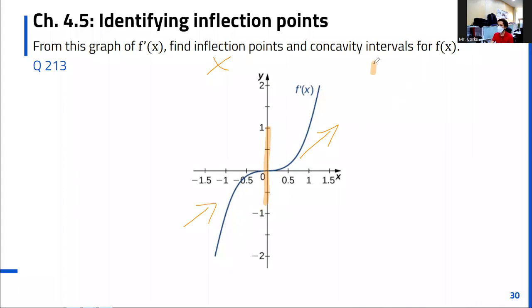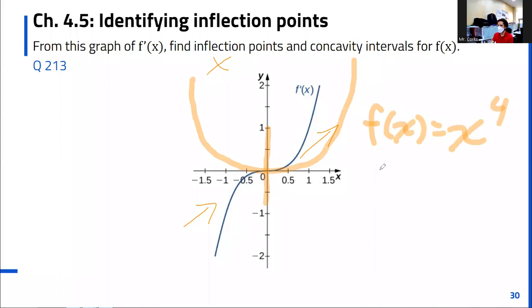This is a graph of, I know I said that this would be a good application, but I'll just sort of show you here. This would be a function of x to the exponent 4, f of x equals x to the exponent 4.